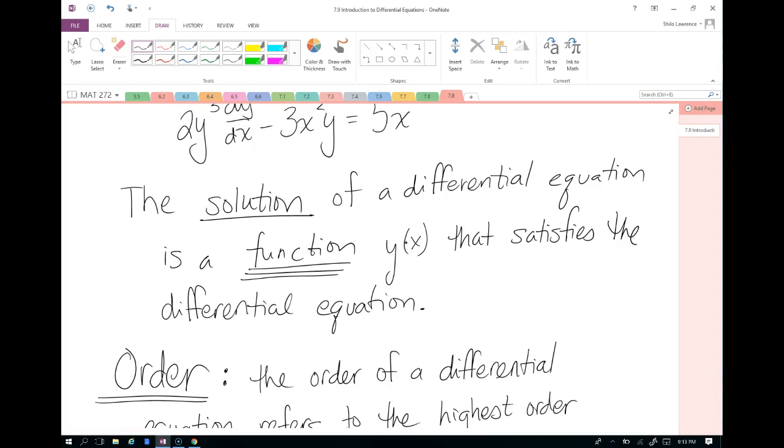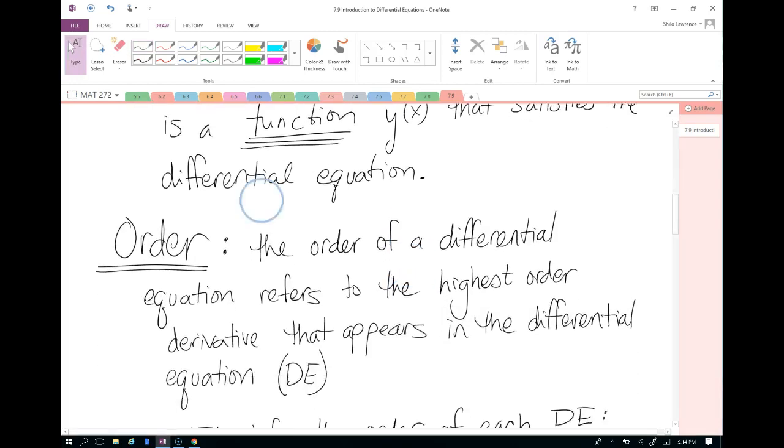We use a very similar definition in algebra when we're solving for x. We know something is a solution to an algebraic equation, like x equals 5 is a solution, if I can plug 5 back in for x and the equation is true. So it's a very similar concept.